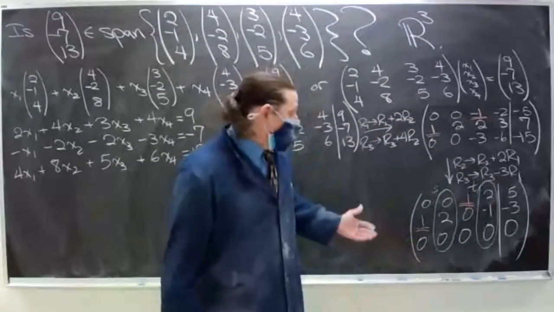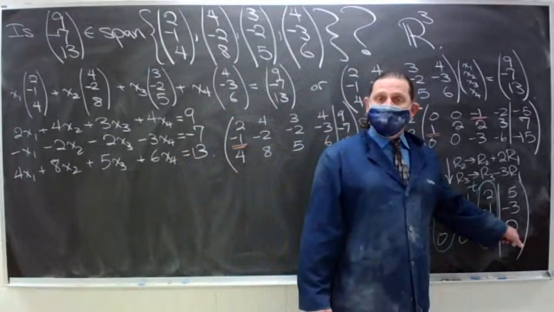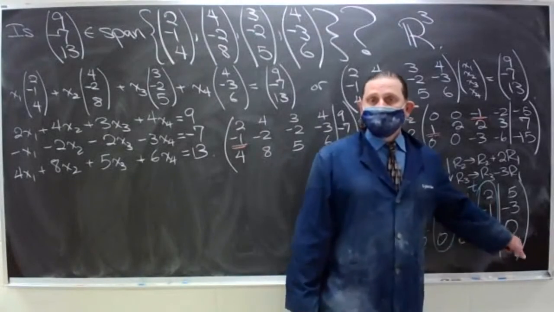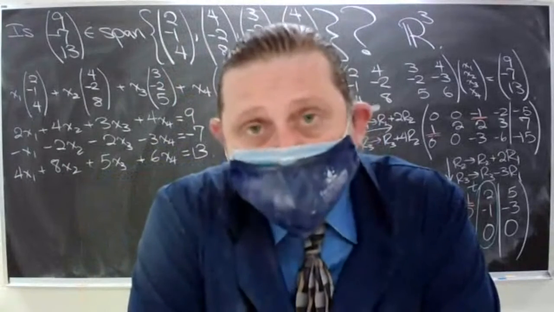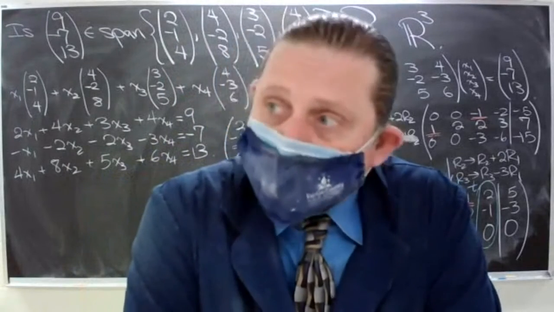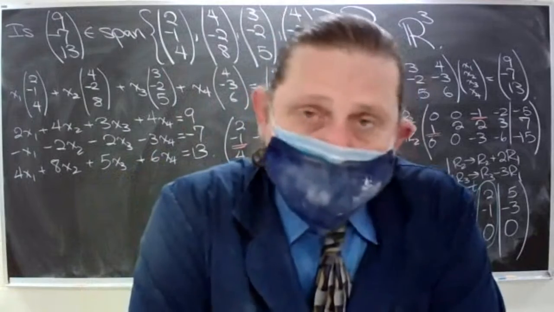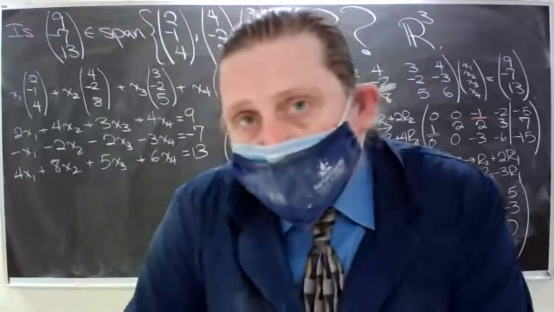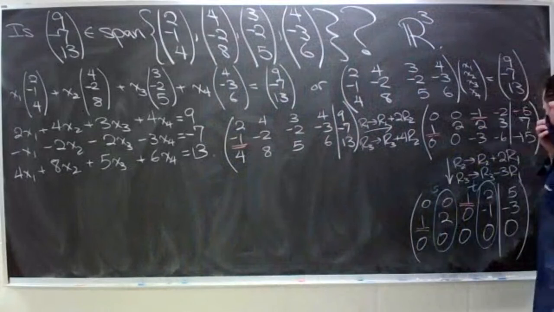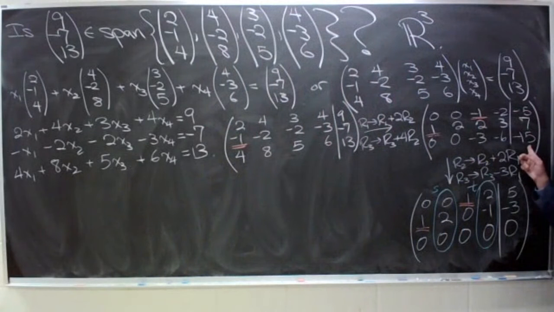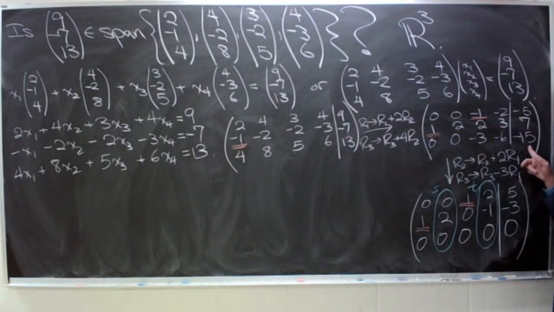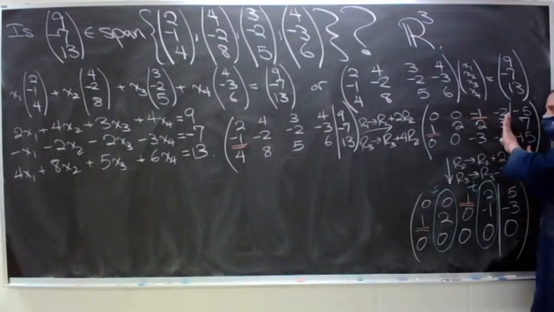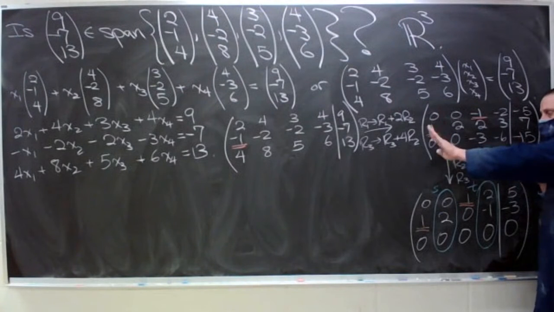Now, in this case, the number on the right of the augment bar is a 0. So this last equation, even though it lacks a pivot, is satisfied. It reads 0 equals 0, and 0 does equal 0. But if this number here had been 16 instead of 15, all the choices that we have made here would still be the same. Those choices are dictated by what happens to the left of the augment bar.